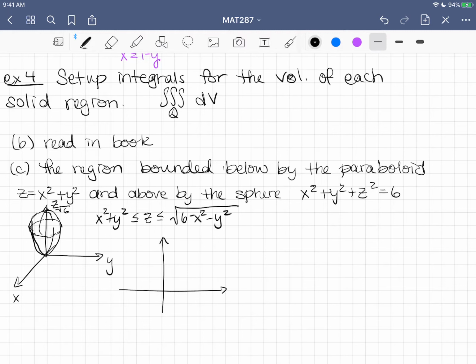Well, I want to think about projecting the widest region here down onto the xy plane. And so what I need to know is where this intersection is happening. So I'm projecting onto the xy plane, and I want to find where the surfaces intersect.